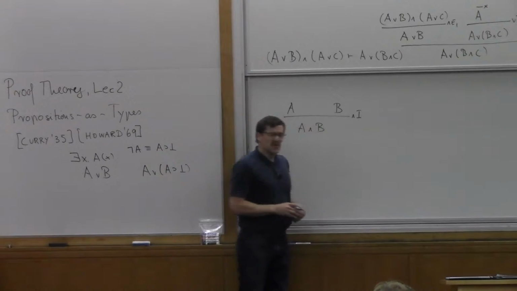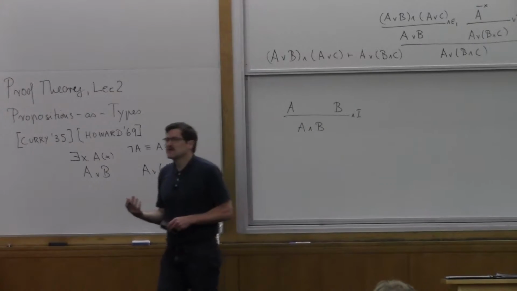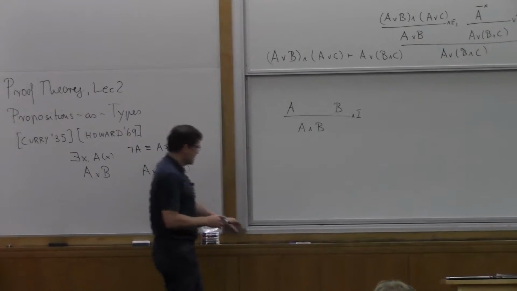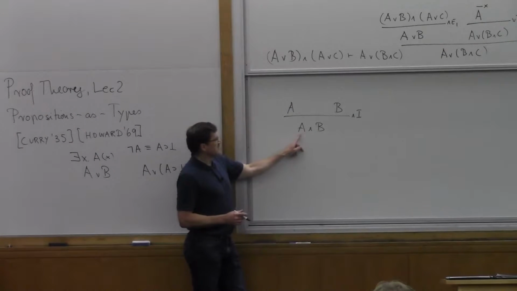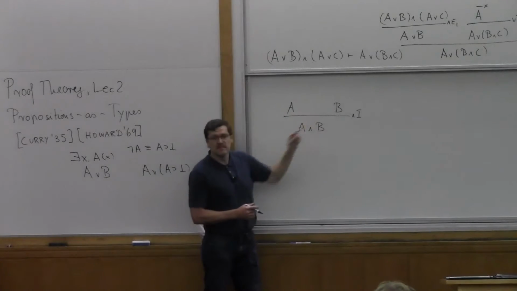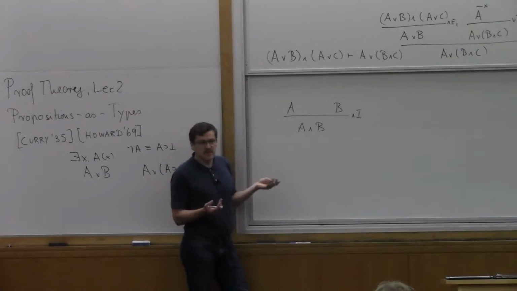If I want to record the structure of the proof of a conjunction, you can see, if that's our definition, then a proof of conjunction should be a pair of two proofs: one proof of A and one proof of B. That's all this rule tells us. Does that make sense?